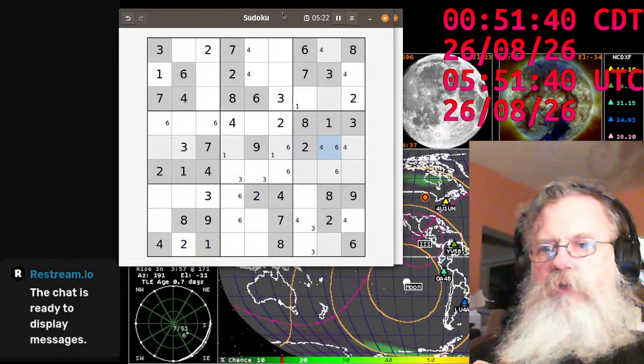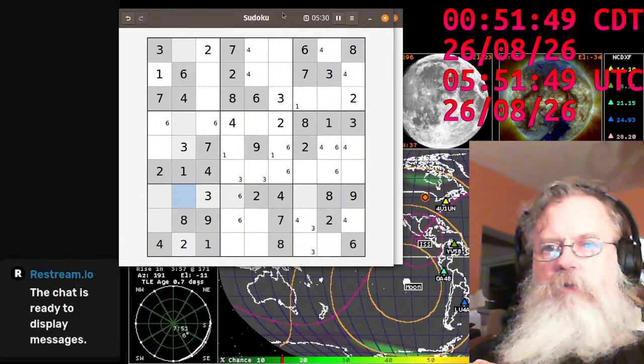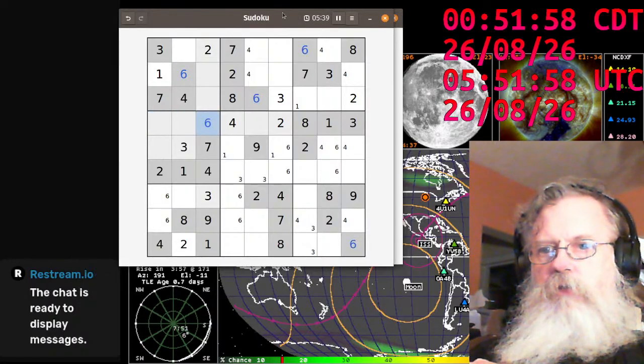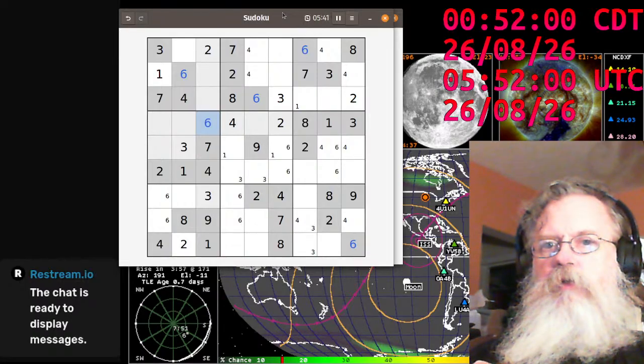That means over here, one of these two is a 6, which we already earmarked. One of these two is a 6, and that means I've got 2 possibilities for a 6 here. Not a 6 there, that's a 6. And I think that's all I can do for 6s at the moment.